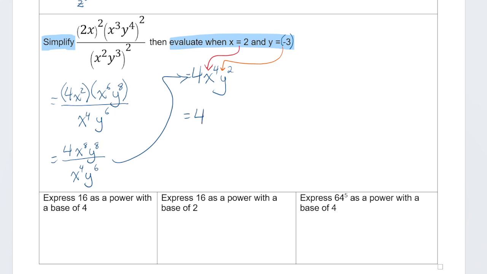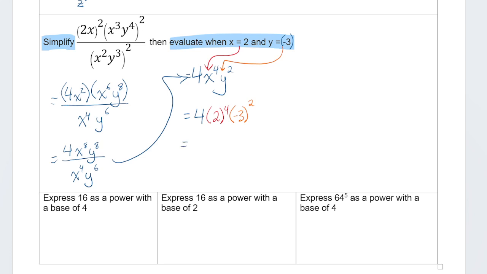So that's 4 times 2 to the power of 4 times (negative 3) to the power of 2. Again, big numbers here, and I don't have my calculator with me.